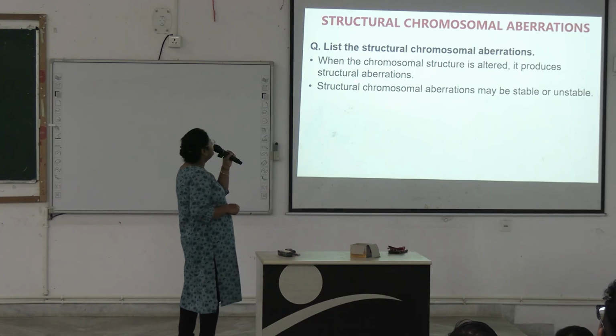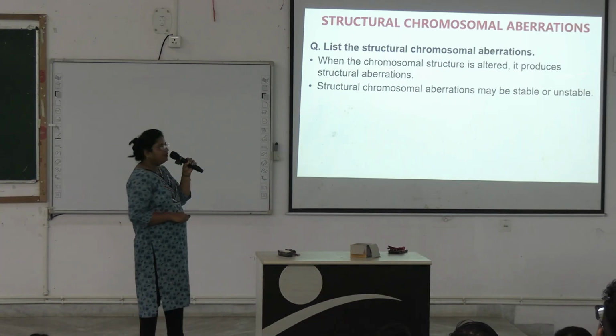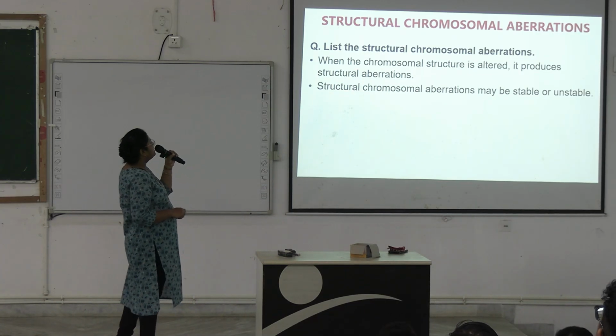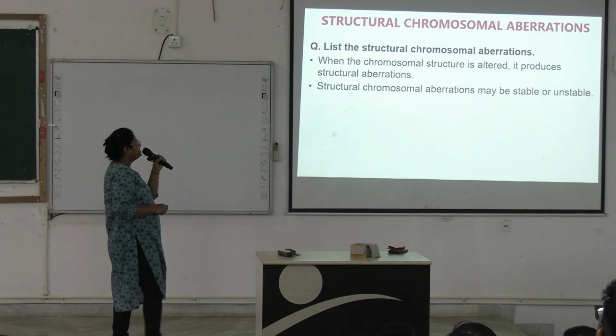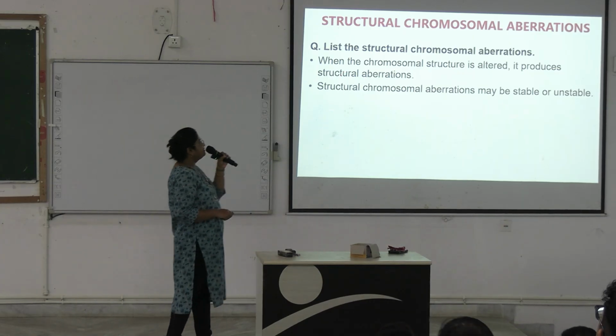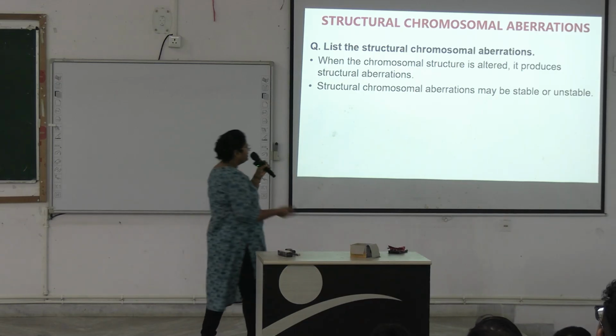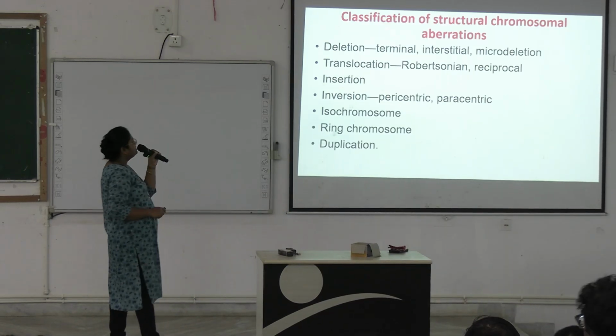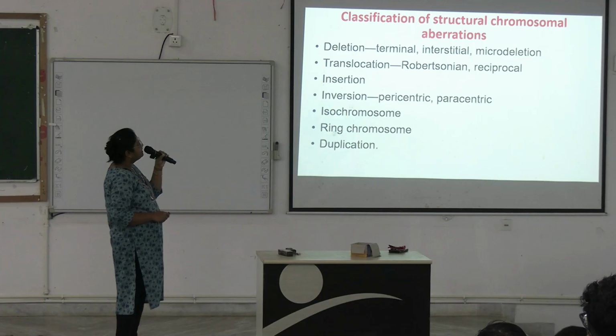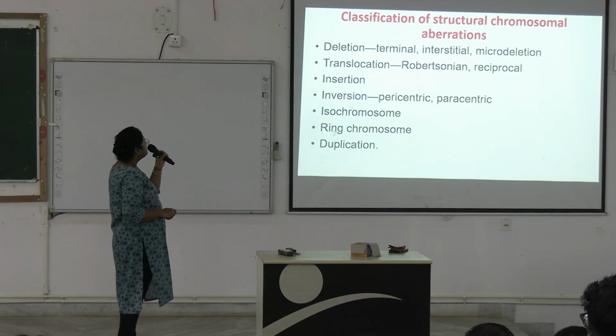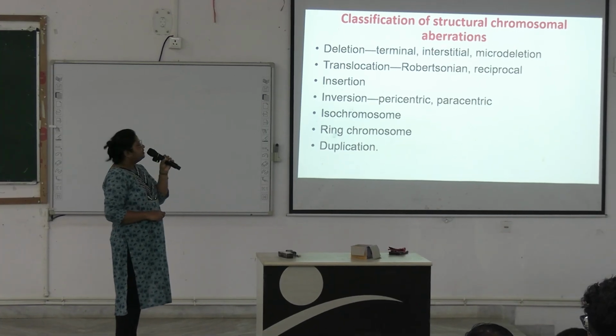When the chromosomal structure is altered, it produces structural aberrations, and structural chromosomal aberrations may be stable or unstable. So these are the different types of structural chromosomal aberration. First is deletion.